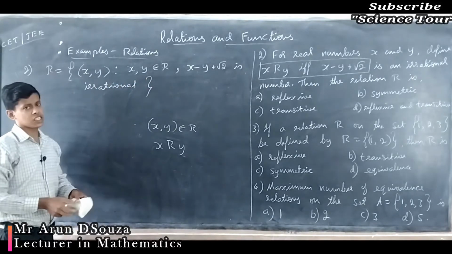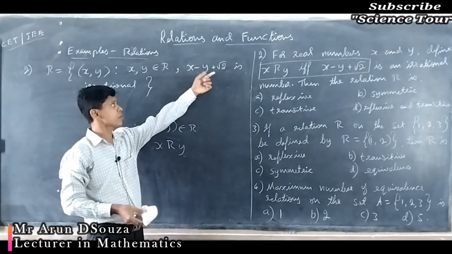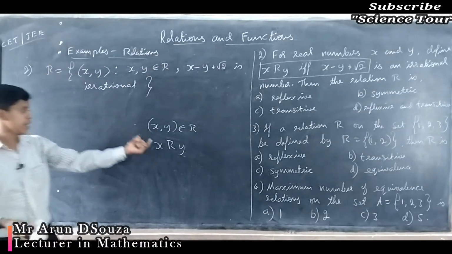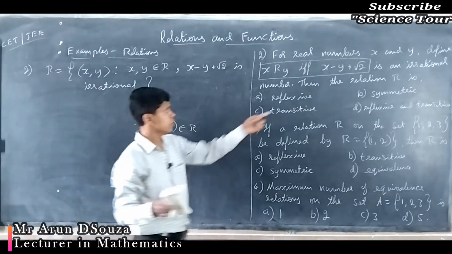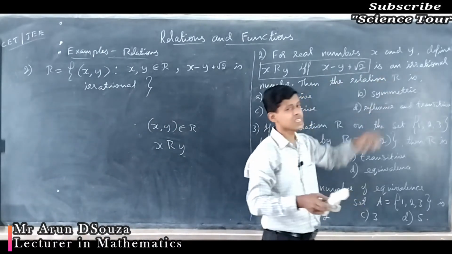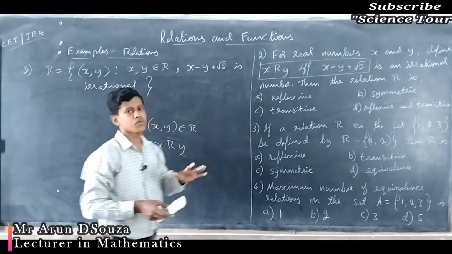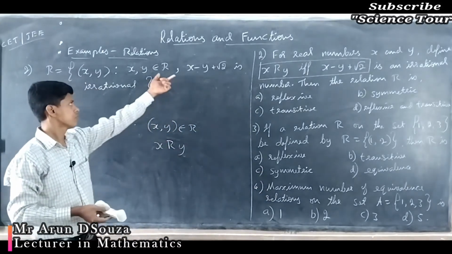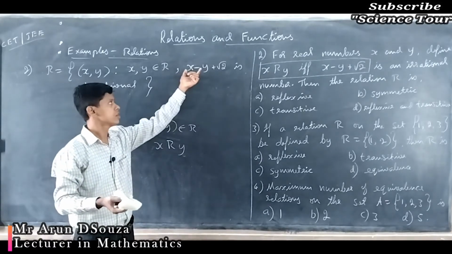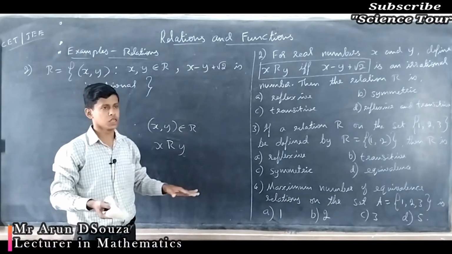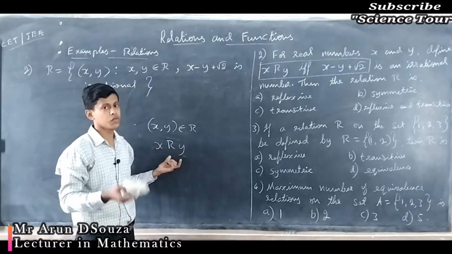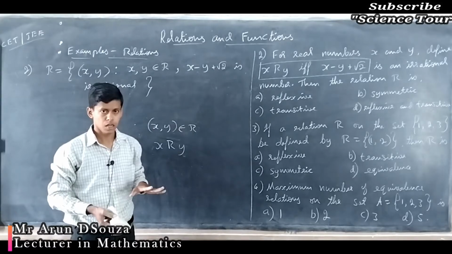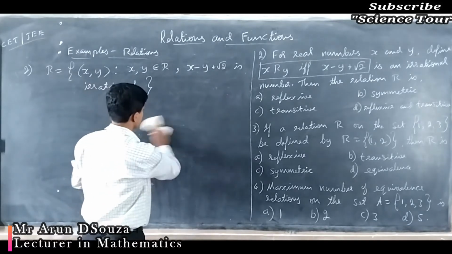If x minus y plus root 2 is irrational, then (x, y) will belong to R. x is related to y if and only if x minus y plus root 2 is irrational. So that's the connection we have in this relation. How are x and y related? Only if x minus y plus root 2 is irrational, then x and y are related. When 1 and 2 are related, it is if 1 minus 2 plus root 2 is irrational. Right, okay, so that's the understanding.